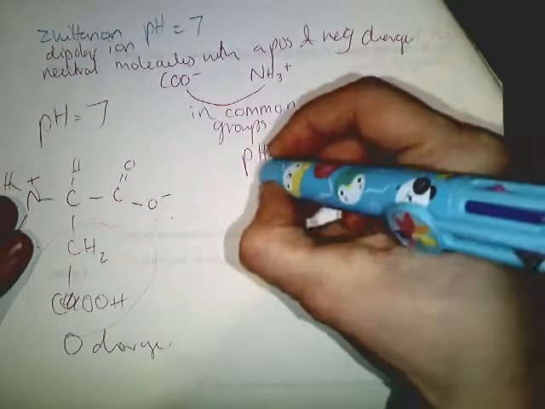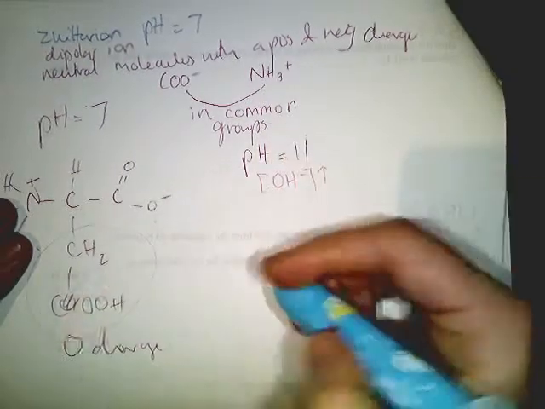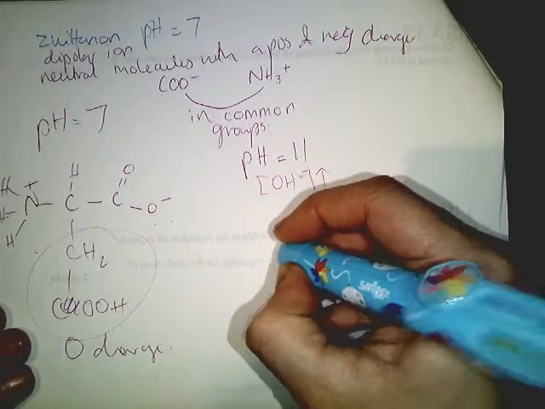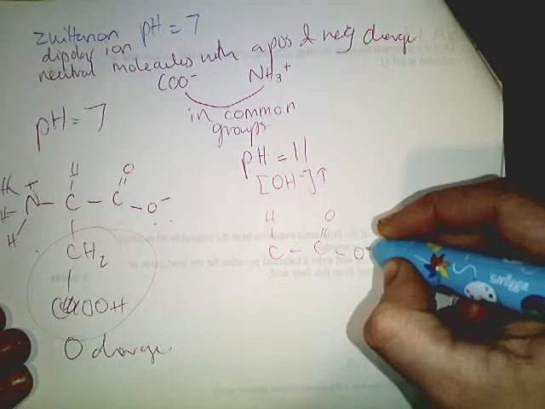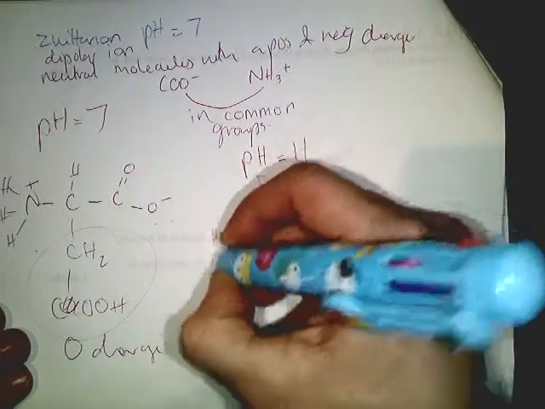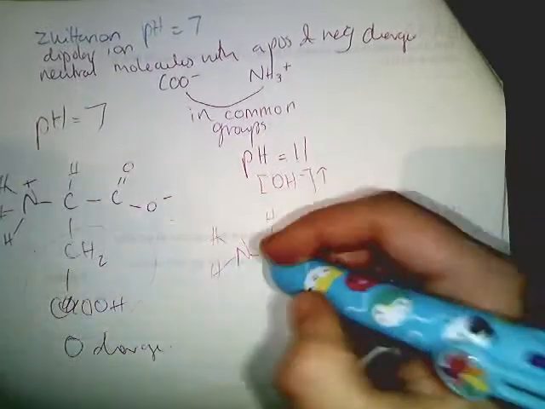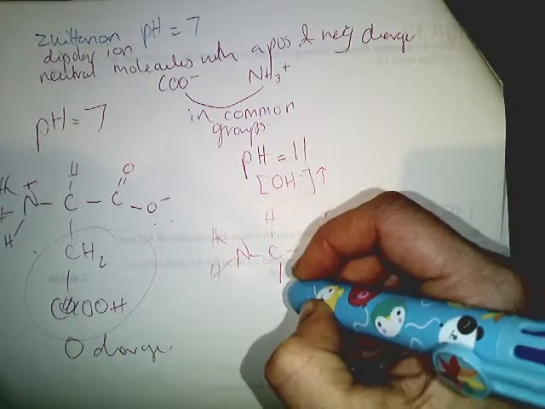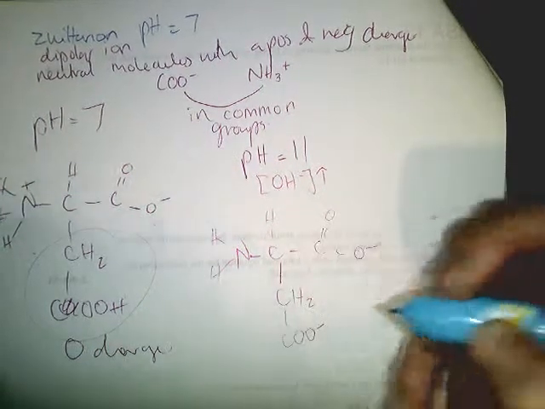So for example, at pH 11, it's got a high concentration of hydroxide, so it's completely deprotonated. That means the COOH will lose its H, the NH3 will not be NH3, it'll lose its H, and its Z group will be deprotonated.